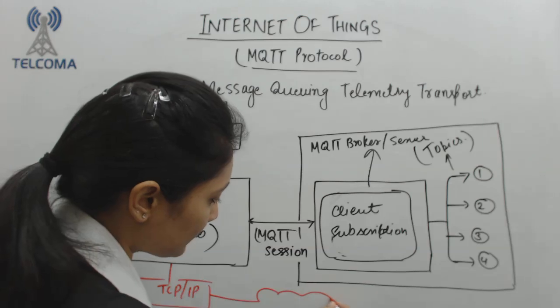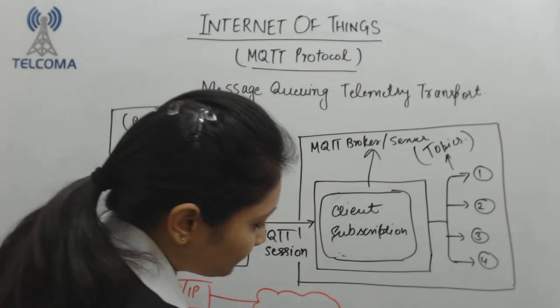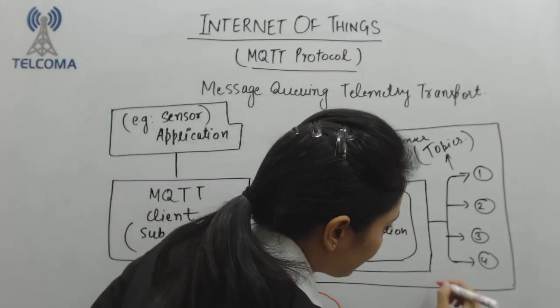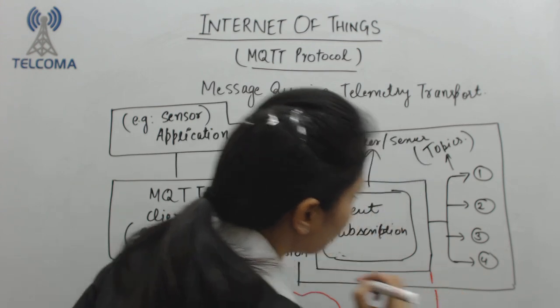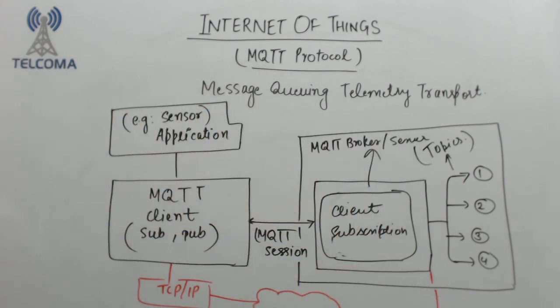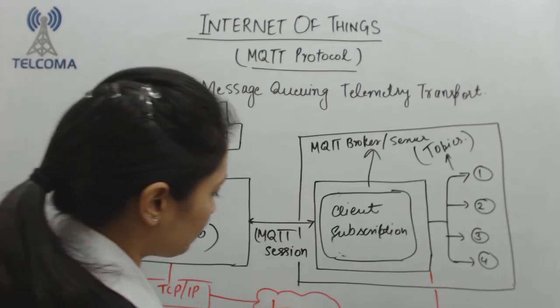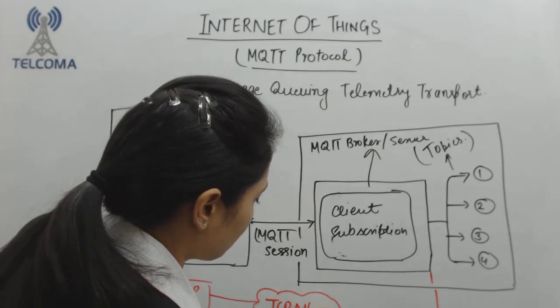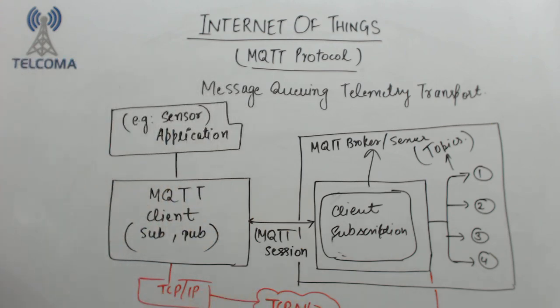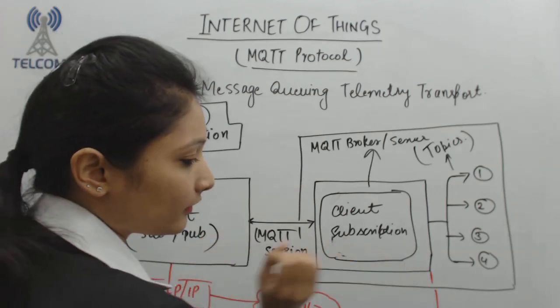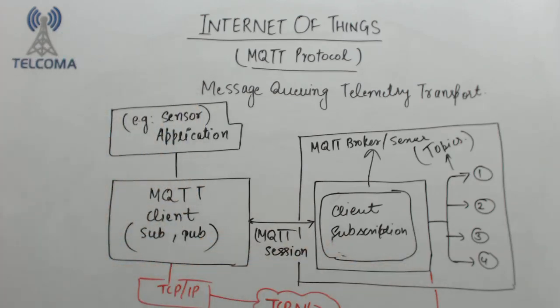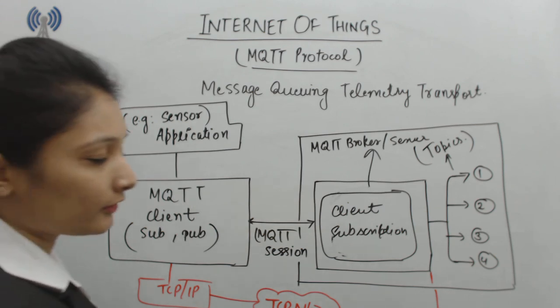It exists here and then connected to your server section also. So this TCP IP is here. This TCP transmission control protocol network is here connecting this client and the client subscription here. That means the MQTT server or the broker.